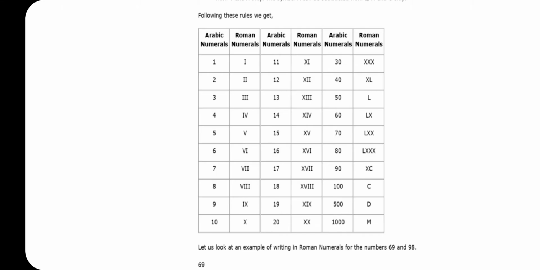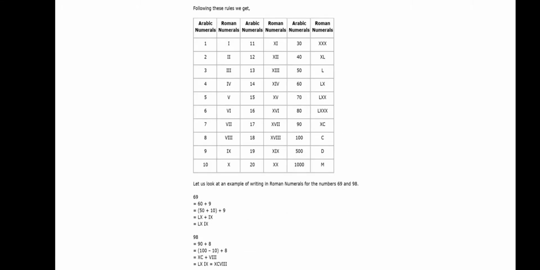As you can see now, 69 can be written by 60 plus 9. To get 60, we can split it up again into another 2 numbers, that is 50 and 10.